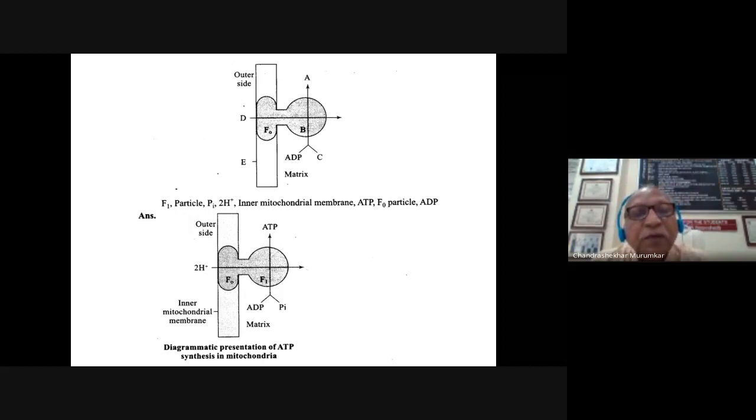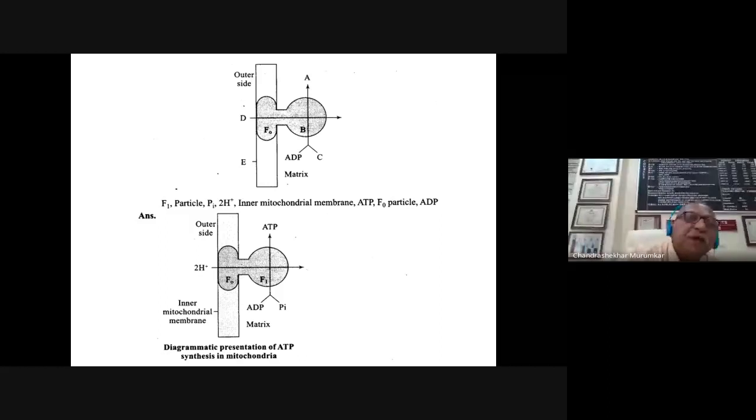The matrix is nothing but the lumen of the mitochondrion, and in between we can see a lipoproteinous membrane, which is responsible for transport of hydrogen protons. You can see the hydrogen protons which are generated in the inner mitochondrial membrane moving across the membrane because of the concentration gradient.